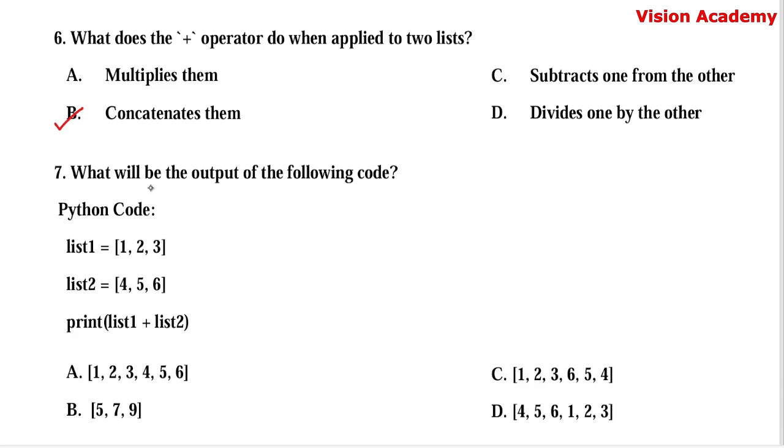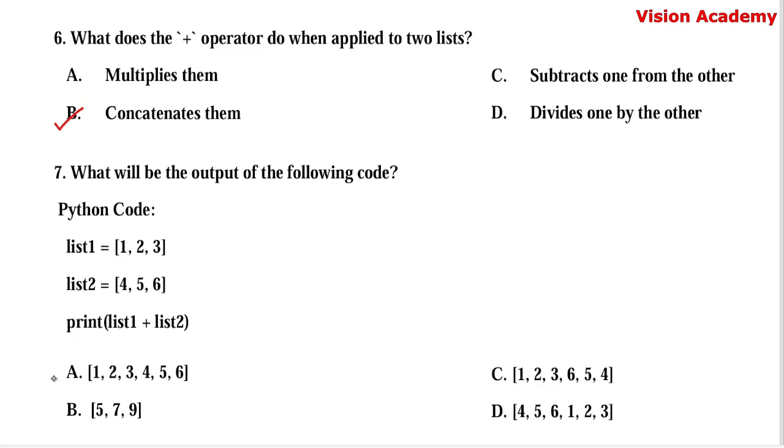Question number 7. What will be the output of the following code? Python code: list1 = [1, 2, 3], list2 = [4, 5, 6], print list1 + list2. Here the options are A 1, 2, 3, 4, 5, 6, B 5, 7, 9, C 1, 2, 3, 6, 5, 4, option D 4, 5, 6, 1, 2, 3.